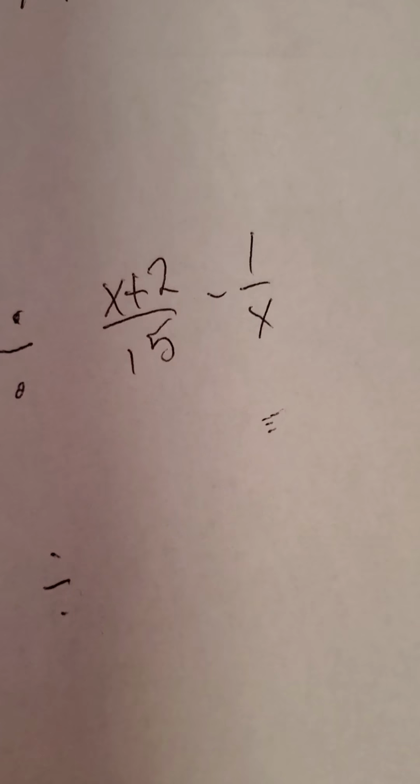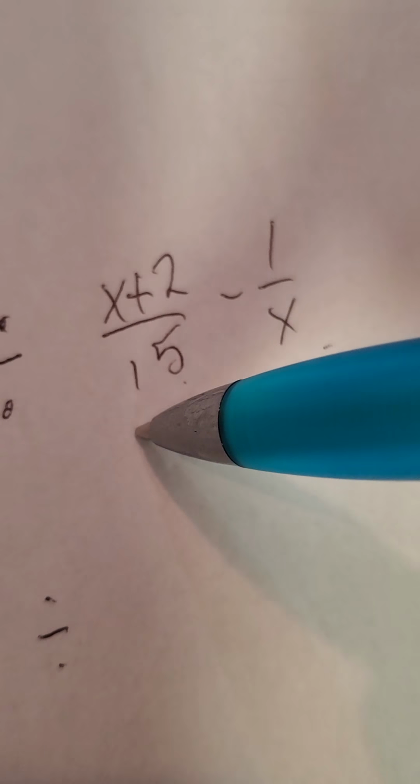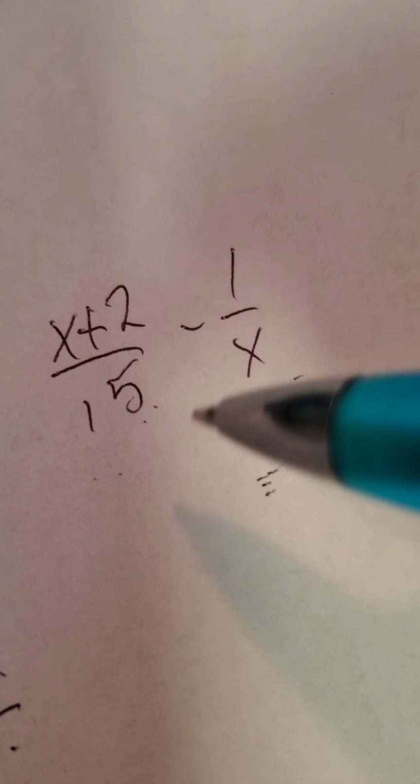Now we have problem number 2 here on the right. I'm going to need the LCM so I can get these to look the same so that I can put them together. I'm going to take the 15, and then I just need the letter x, so my bottom is going to look like 15x.